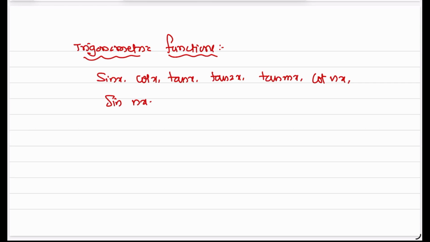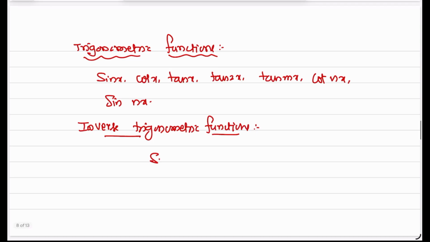Then inverse trigonometric functions: sin inverse x, cos inverse x, all these are inverse trigonometric functions. Then hyperbolic functions. So let us discuss the polynomial function.